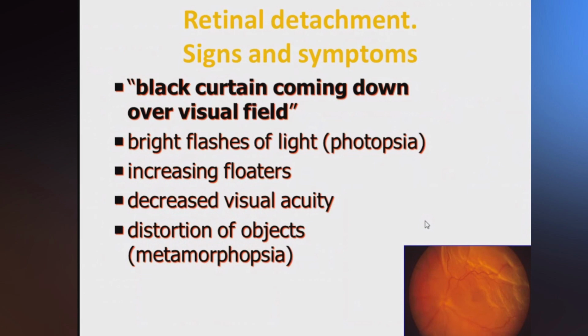Usually, the patient complains of a black curtain coming down over the visual field. Sometimes the patient can complain of photopsia, an increase in floaters, decreased visual acuity of course, and metamorphopsia.